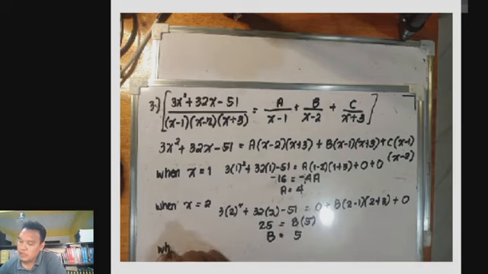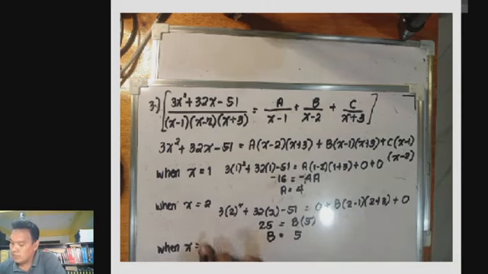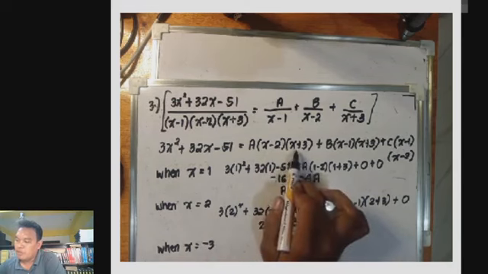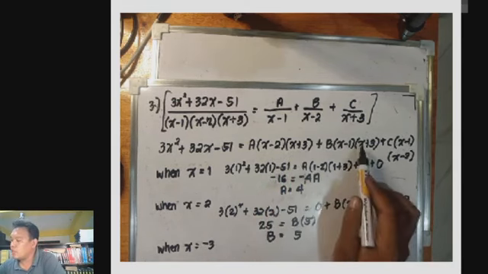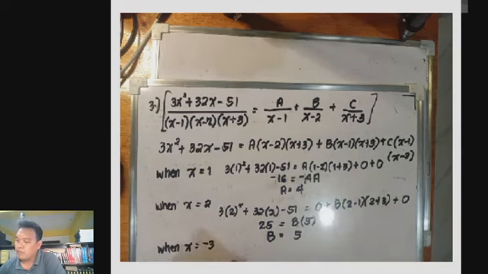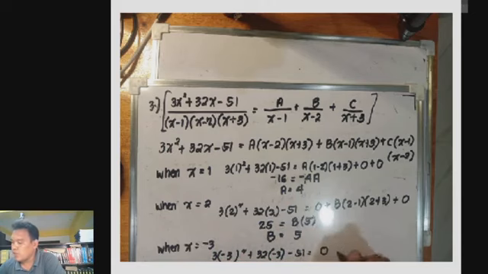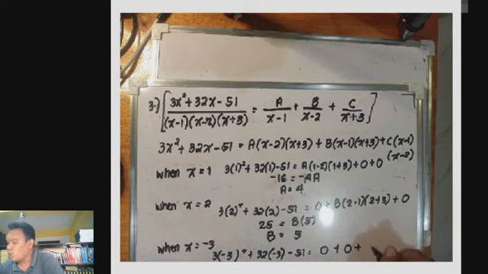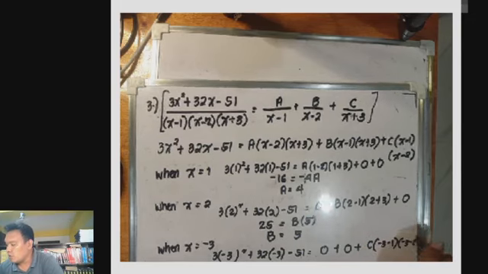Then, when x is equivalent to negative 3. To cancel this, when negative 3 plus 3 is 0, then negative 3 plus 3 is 0. So, we cancel a and b. So, we have 3 times negative 3 squared plus 32 times negative 3 minus 51 is equivalent to 0 for a, plus 0 for b, plus c multiplied by negative 3 minus 1 times negative 3 minus 2.